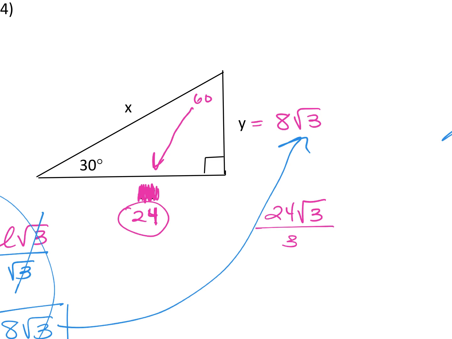If y is 8 rad 3, this side is 24, what is my x side? 16 rad 3, right? You're just doubling your shorter leg. So 2 times 8 rad 3 is 16 rad 3. Good on that? That's the 36.